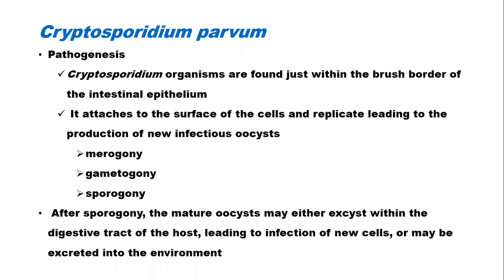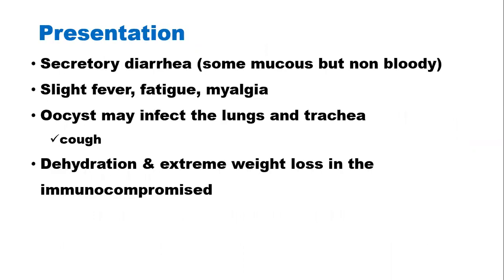After sporogony, the matured oocyst may either exist within the digestive tract of the host, like we've said, that you can have the thin-walled oocyst. So that leads to autoinfection of new cells, or it may be excreted into the environment.